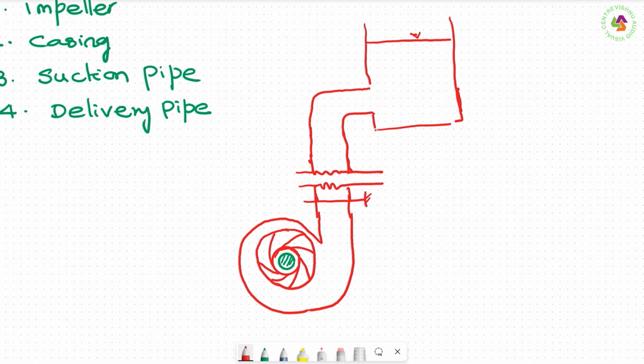So this is the overhead tank. See how I am drawing also. So this is the water level in this overhead tank.